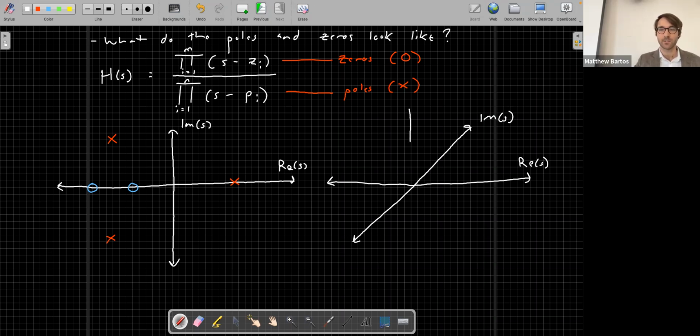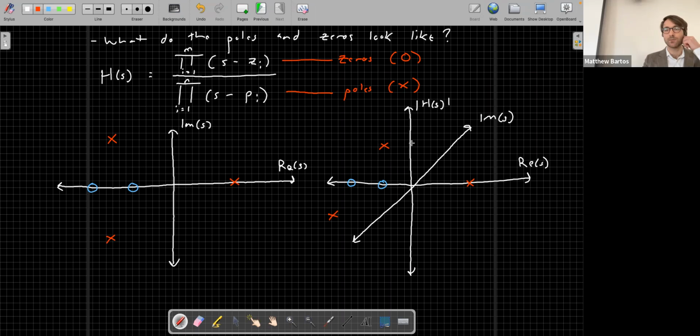And then vertically, we have what I will just call the magnitude or absolute value of our transfer function. So as before, we have two zeros on the real axis, one right here and one right here. And we have three poles, one on the positive side of the real axis, and then two conjugate pair poles on the negative side of the real axis. So what does this look like in the complex plane?